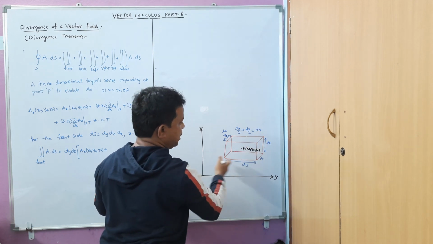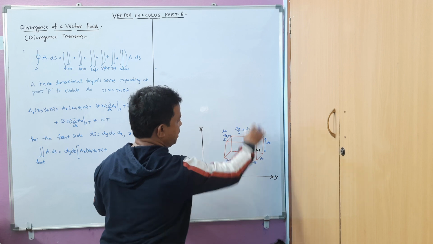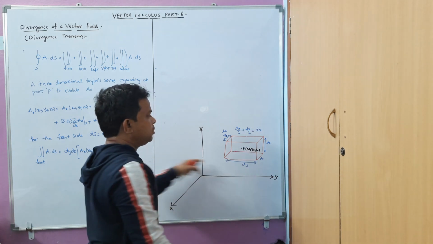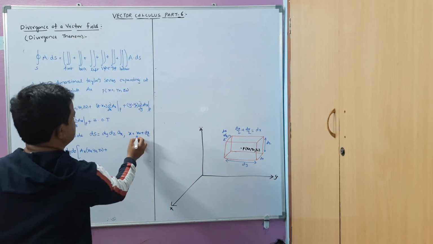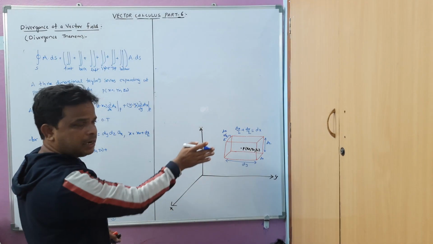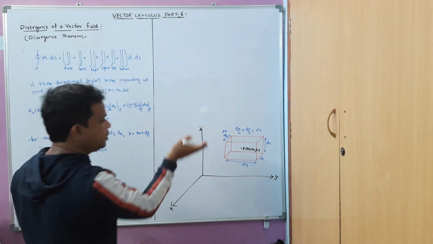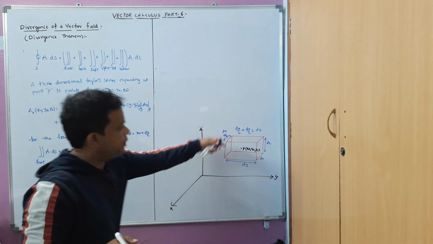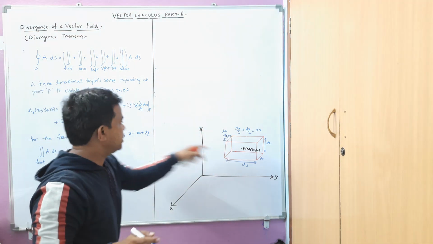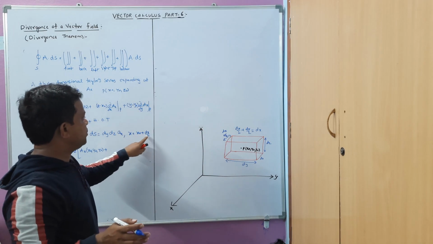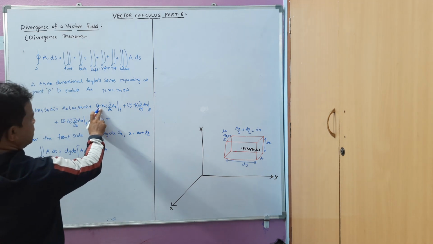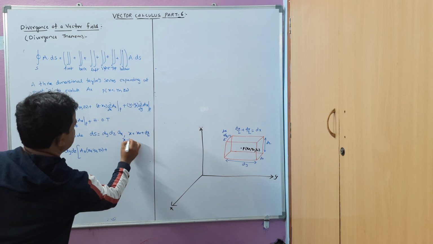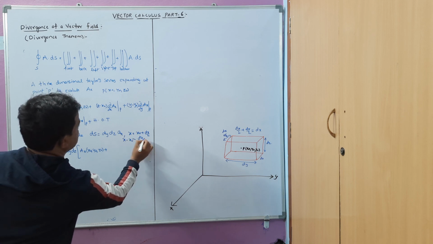Similarly for the left, for the bottom and for dz also. The incremental point from the point P to the front surface will be x equal to x naught plus dx by 2, so x minus x naught is equal to dx by 2.